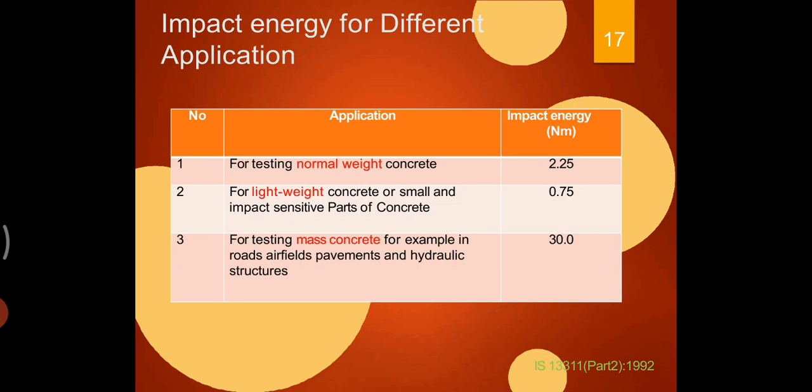So we get the impact energy directly for different applications. For testing normal weight concrete, the impact energy is about 2.25 Newton meter. For lightweight concrete or small and impact sensitive parts of concrete, it's about 0.75 Newton meter. For testing mass concrete, for example in roads, airfields, pavements and hydraulic structures, it is about 30 Newton meter.